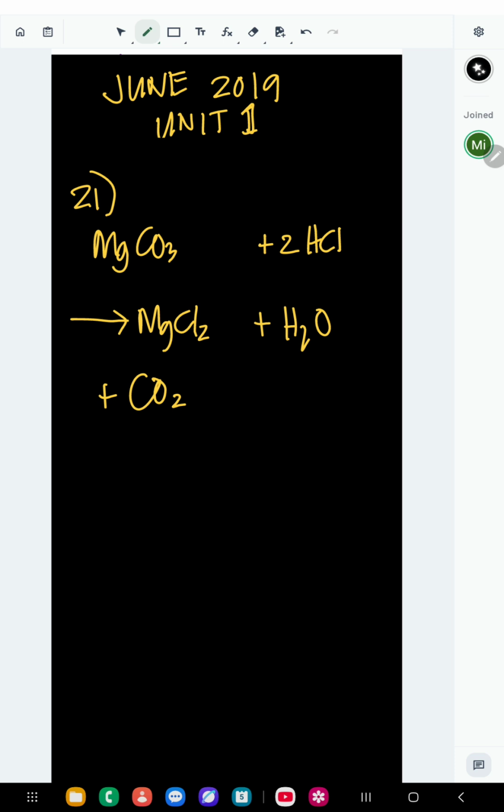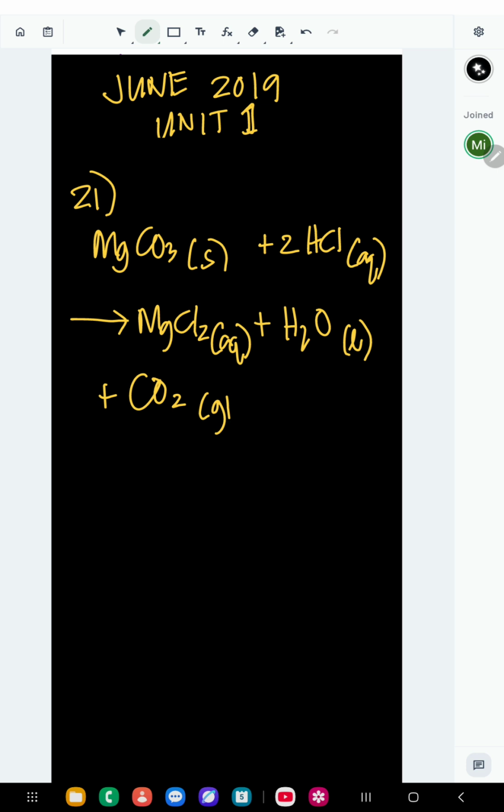It says complete the equation for this reaction by adding the state symbols. So magnesium carbonate should be solid, and then hydrochloric acid is aqueous, then magnesium chloride aqueous, water is liquid, then carbon dioxide is gas.